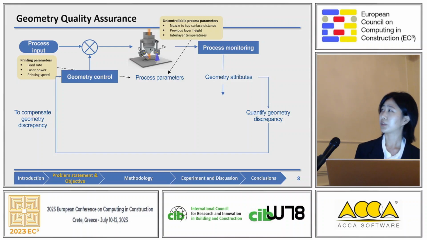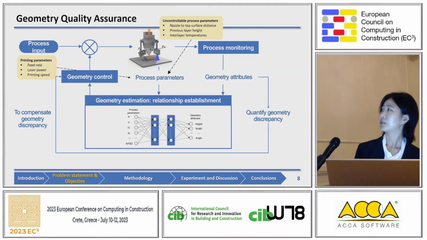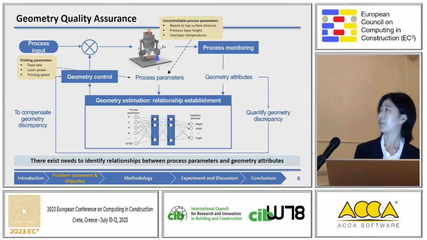And to achieve geometry control, we need to understand the relationship between the process parameters and geometry attributes. So the geometry estimation, which is to identify the relationship between the process parameters and geometry attributes, is a very important task in metal additive manufacturing.